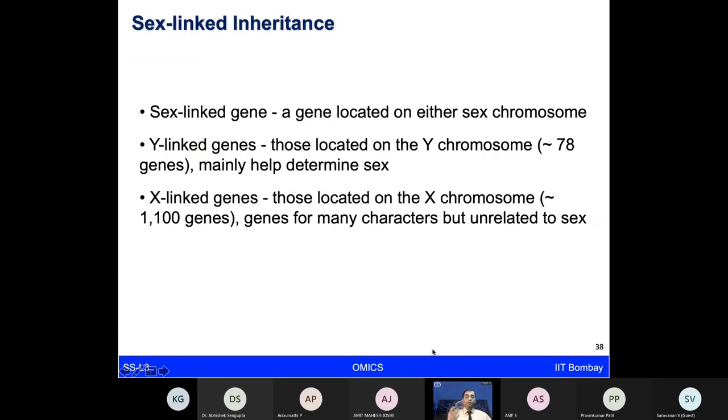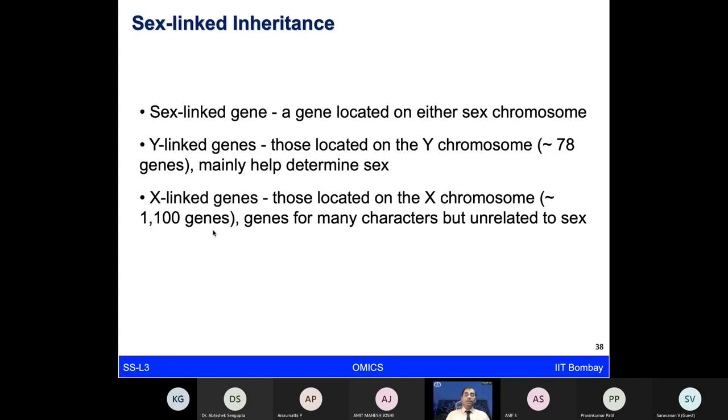So with subsequent years of research, we have a good understanding that on each of these chromosomes, the X chromosome and the Y chromosome, there are many genes located exclusively on either the X or the Y chromosome. There are at least 78 genes which are only on the Y chromosome, and quite a large number of genes, almost 1100, on the X chromosome.